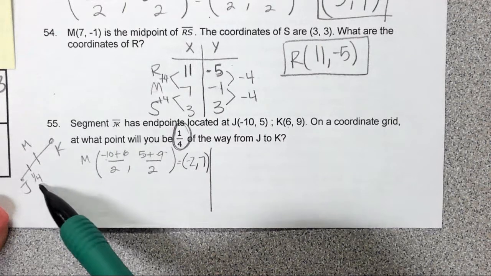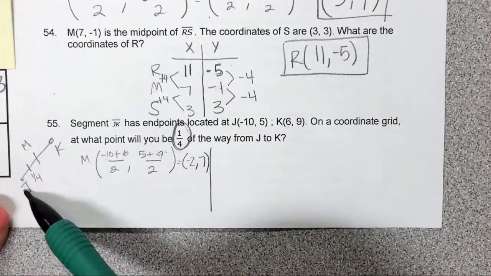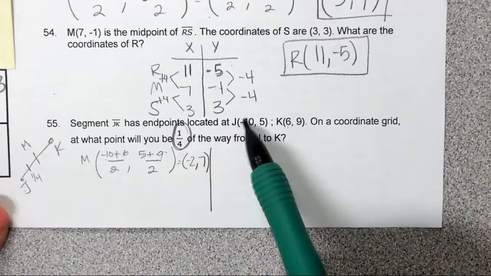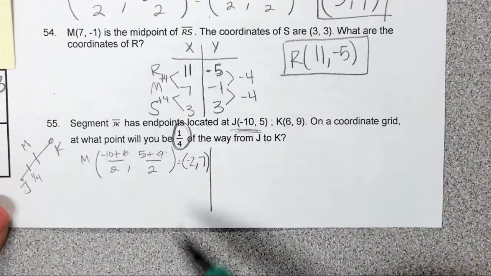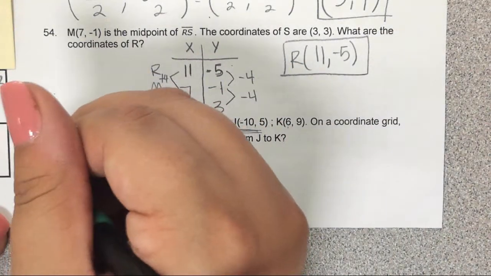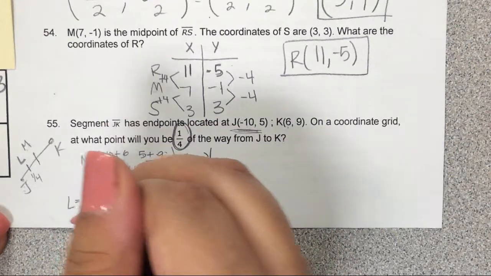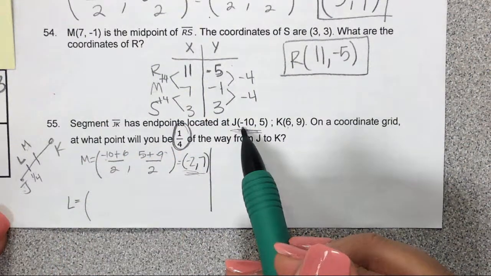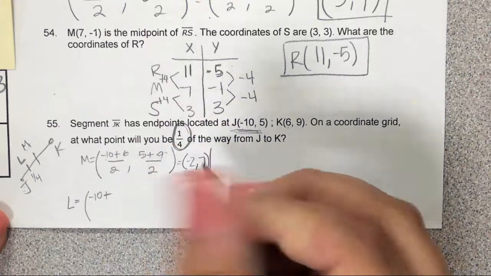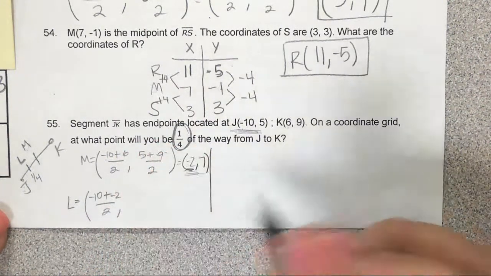How do I now find this 1/4? I got to do the midpoint of J and M. Do I know what J is? Yeah, right here. Do I know what M is? Yeah, it's right here. So now we'll call this L. To find L, J is negative 10 plus this X is negative 2 divided by 2.